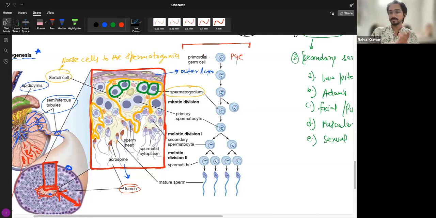So primordial germ cells form the whole gonad, which is testes and ovaries, and inside the gonad also the gametes. Is it clear? So write down, PGCs or primordial germ cells are responsible for the formation of gonads and gametes.